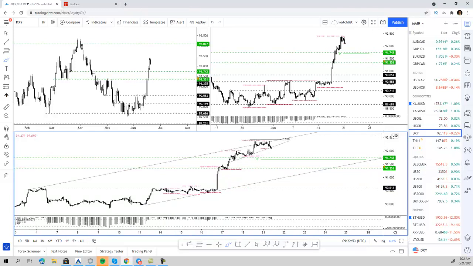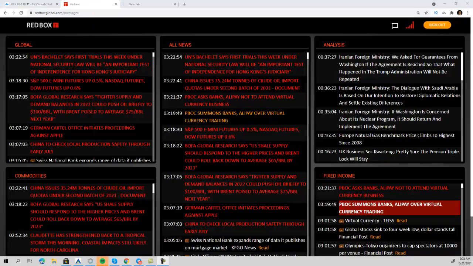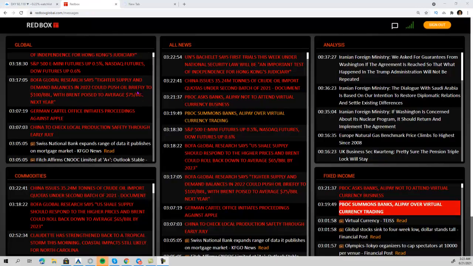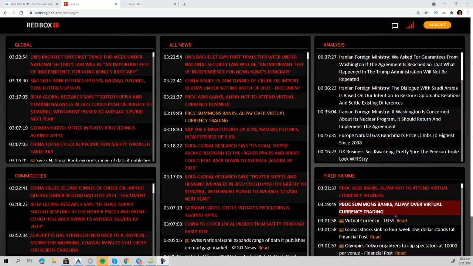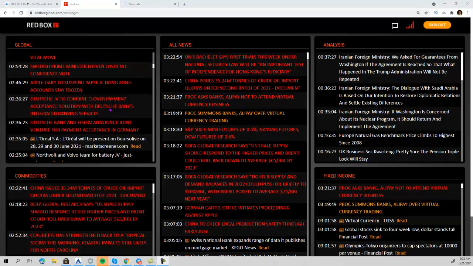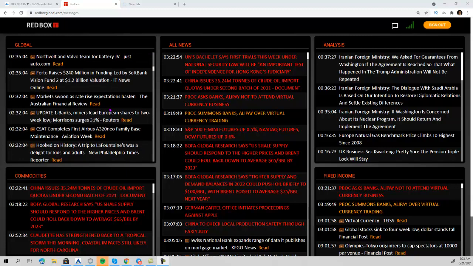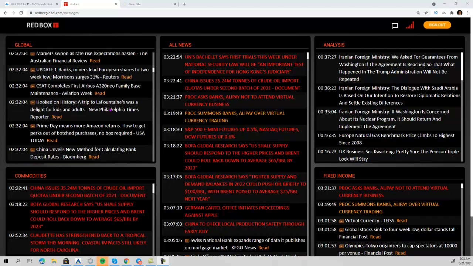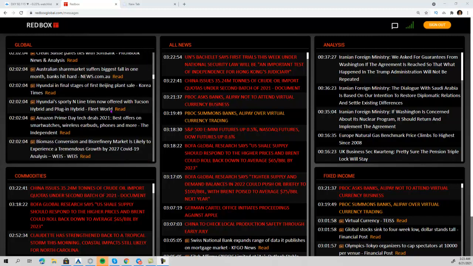So why don't we have a look at what news we have today? PBOC summons banks over virtual currency trading. We haven't had anything hit the wires that could be important to us.